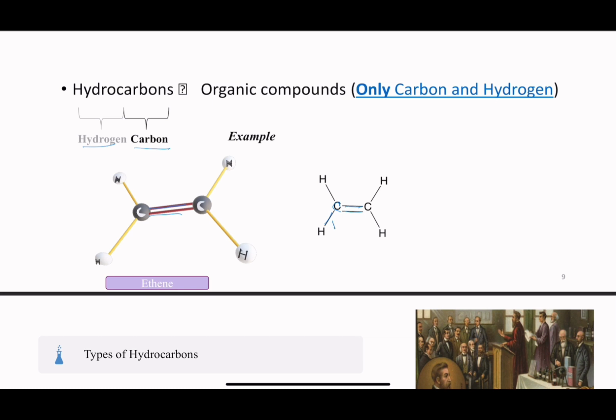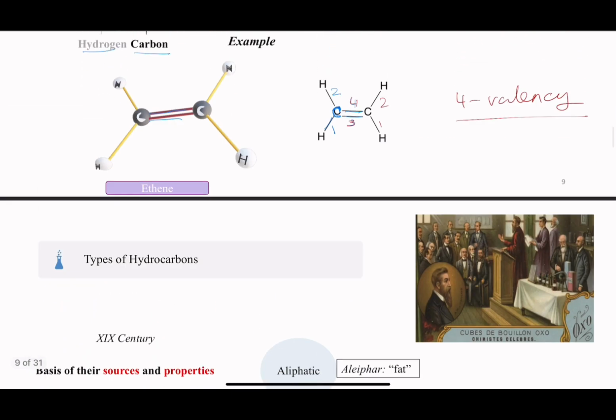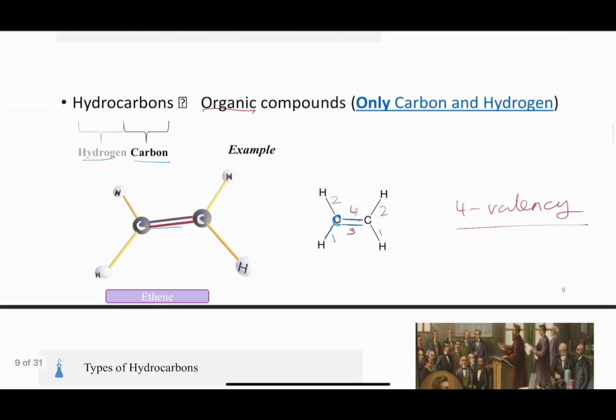You see, I have 1, 2 bonds, and then 3 and 4. So carbon in here has 4 bonds, same as in this guy. I have in here 1, 2, again 3 and 4. So the valency of carbon, 4, is met. Okay, so this is an organic compound as well.